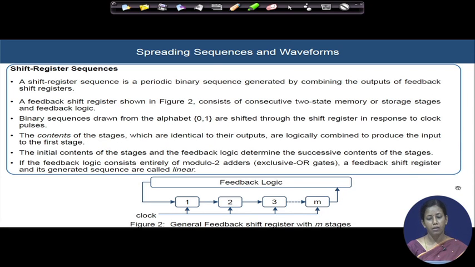Now, in true sense, these random binary sequences are very important sequences for us, and given the chance everybody would like to utilize this random binary sequence for the system design because of its good property.